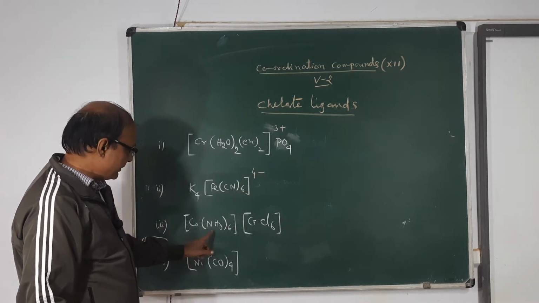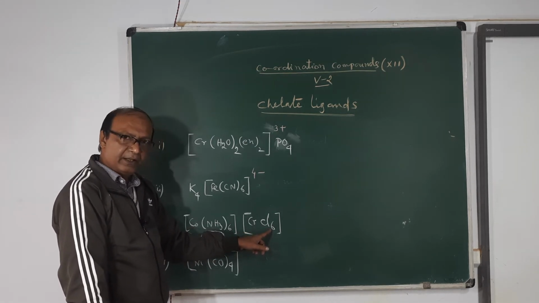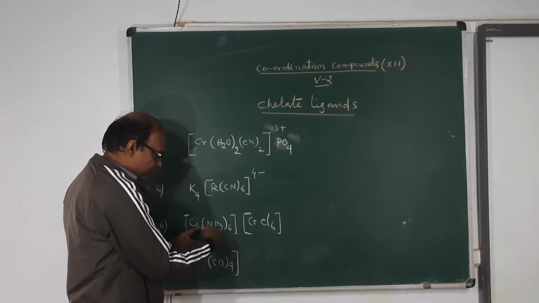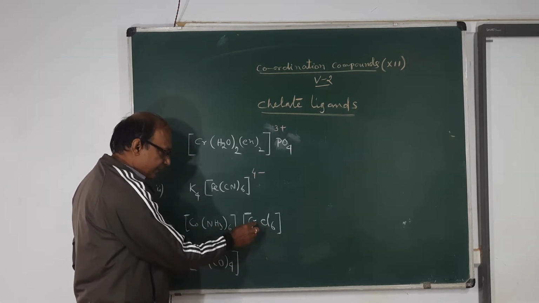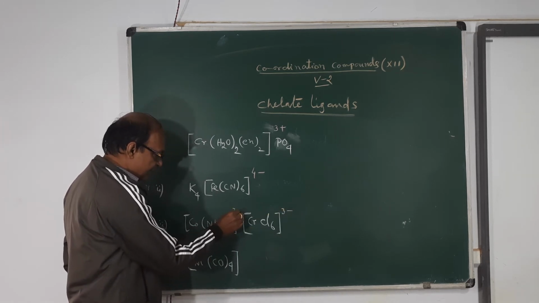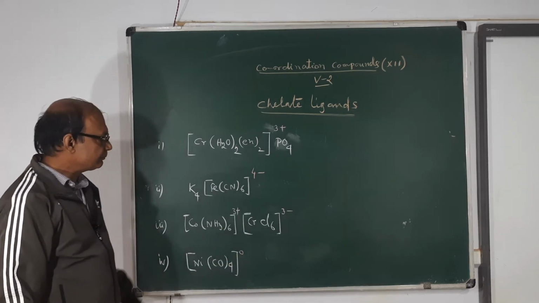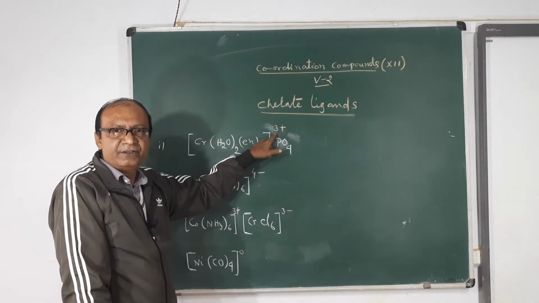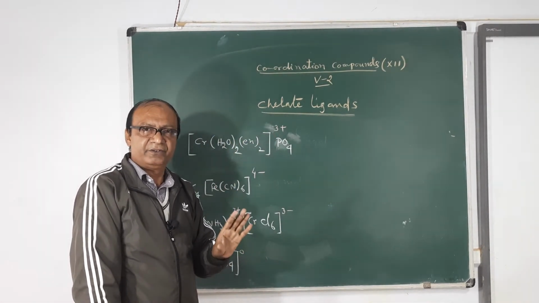Here the total charge of the complex entity is 6 minus, distributed between cobalt and chromium equally because there is no subscript. So it is 3 minus, and here it is 3 plus. And look at the last one, the charge is 0. So when the complex entity carries positive charges, the complex is known as a cationic complex. Just listen to me.